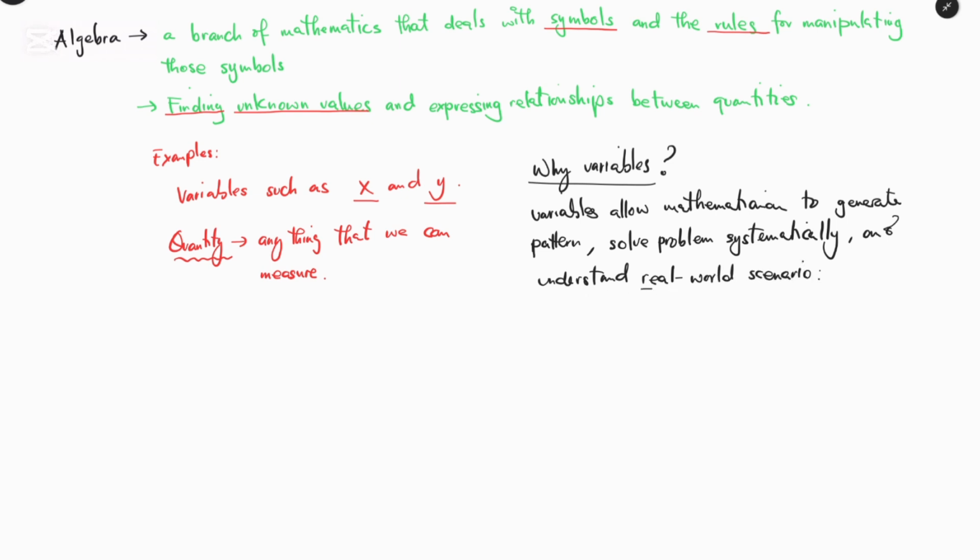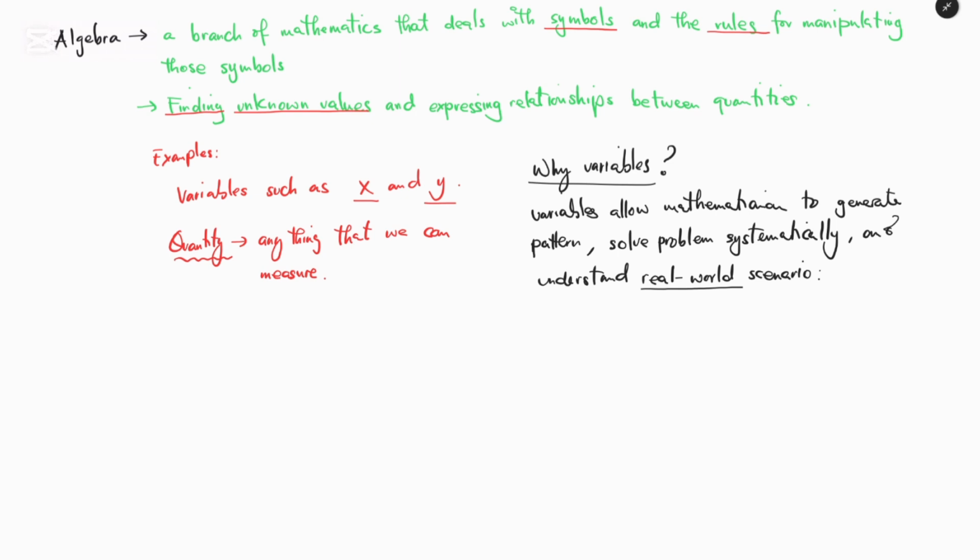When we talk about the real world scenario, we are talking about the event that happens, and this event can be measured. So those variables normally help mathematicians to solve these problems systematically.